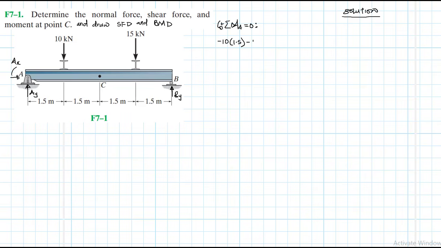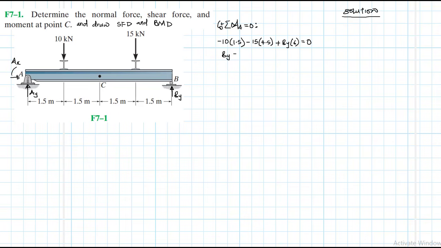Then we have a 15 times 4.5, right? And then we have BY times 6, right? Equal to 0.